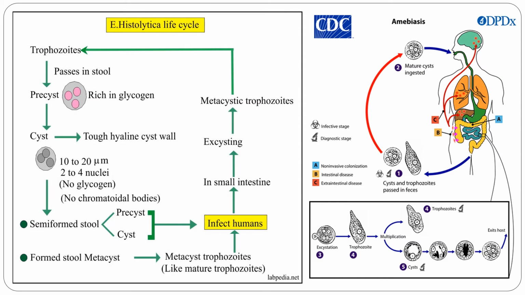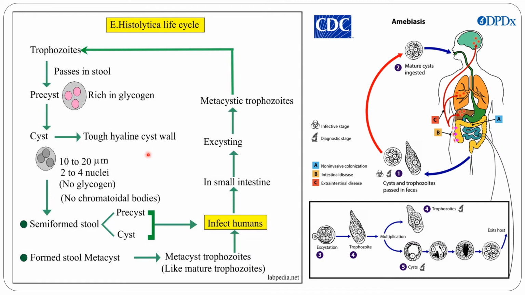Here, in the schematic figure of the life cycle, you see the trophozoites which pass in stool. They show the pre-cyst stage, which is rich in glycogen. This pre-cyst forms the cyst through a hyaline cyst wall.